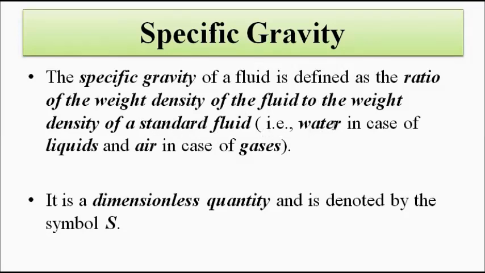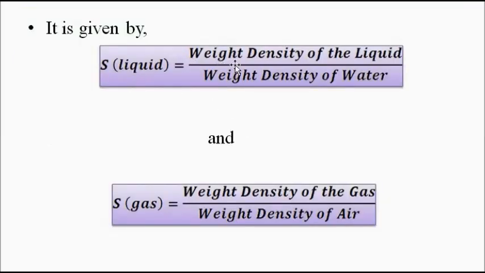It is water in case of liquids and air in case of gases. So specific gravity is the ratio between the weight density of that particular liquid and the weight density of water for liquids, and for gases it is the weight density of that particular gas to the weight density of air.